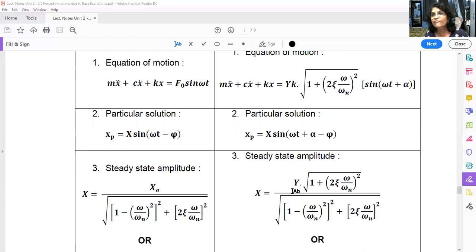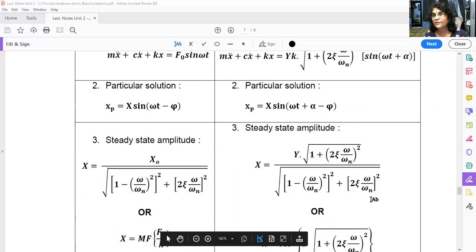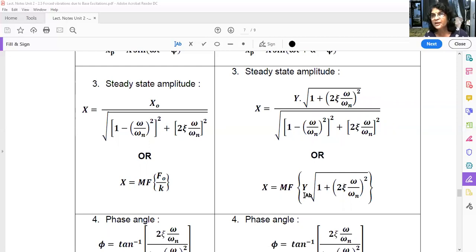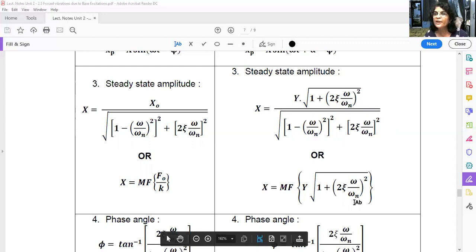What is remaining? Y into the square root of 1 + (2ζω/ωn)², upon the whole square root. In short, you can write X is equal to MF, where MF is 1 upon the whole square root, the magnification factor, into this term Y √(1 + (2ζω/ωn)²).